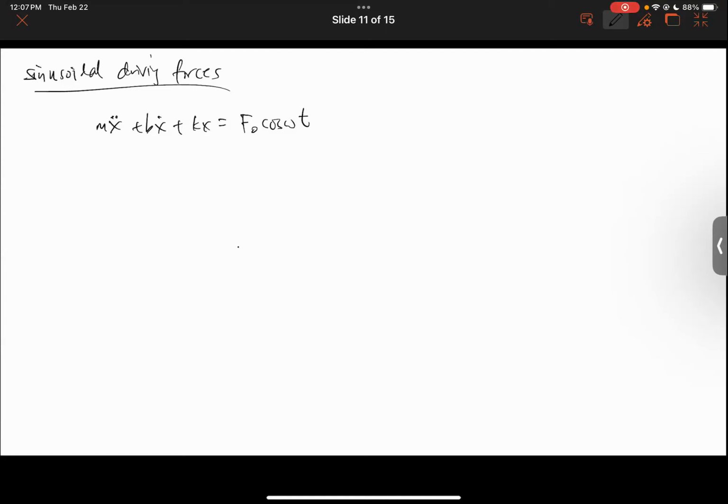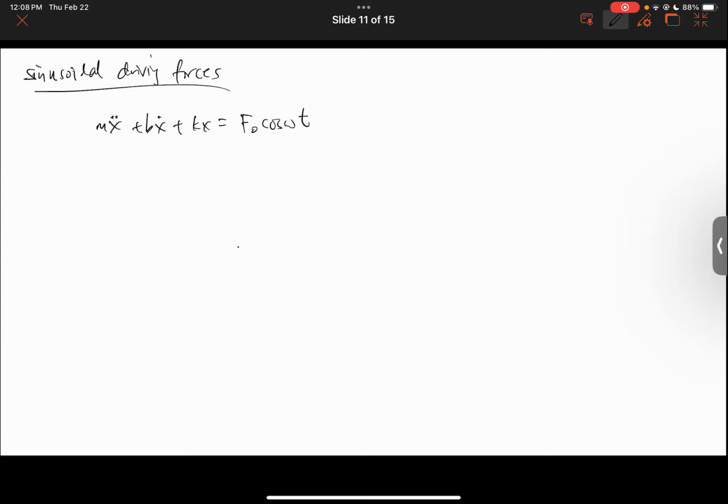And yung pagtulak na yun is described by this driving force, F naught cosine omega t. Okay, so yung lakas ng pagtulak is F naught, and yung frequency ng pagtulak is yung omega. Now, imagine yun na kung yung frequency ng oscillation is not the same as yung frequency ng pagtulak, of course, sira yung motion.